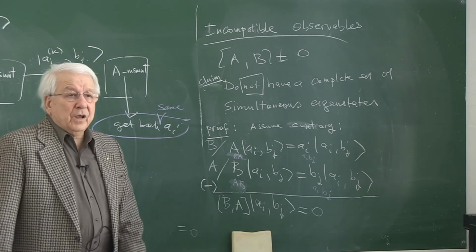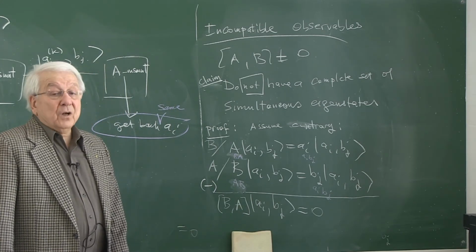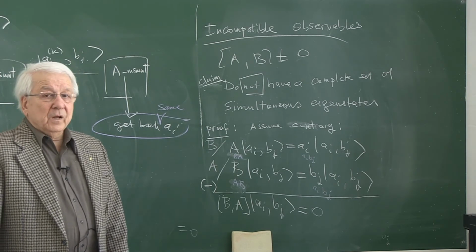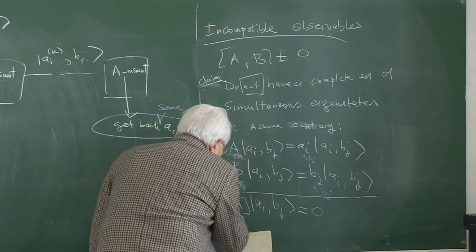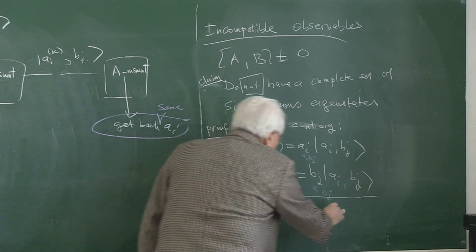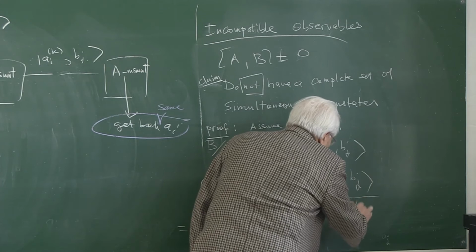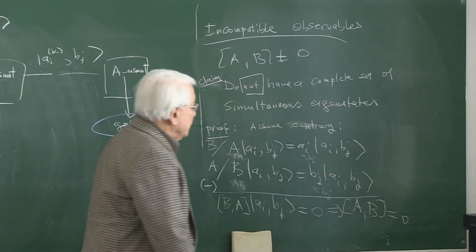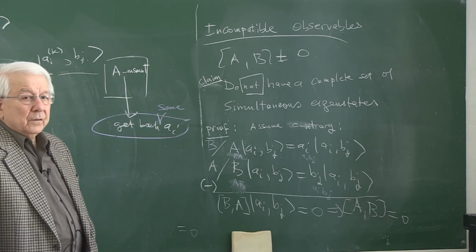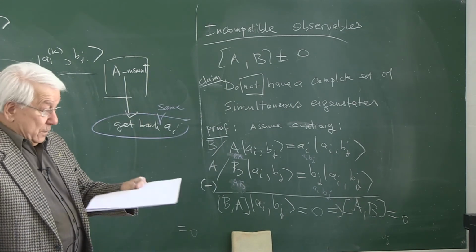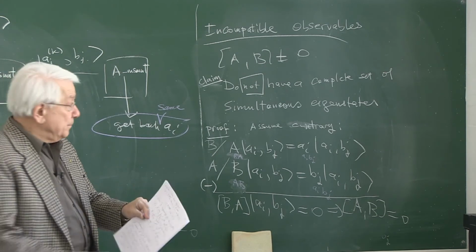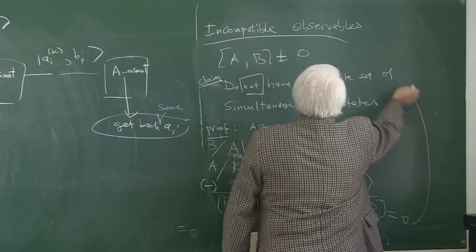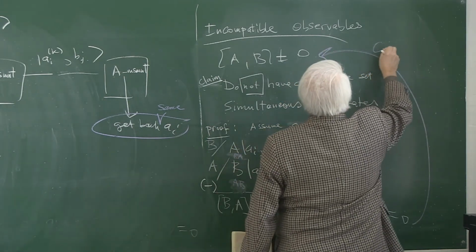If this AI, BJ assumed common eigenstate is an arbitrarily picked one from the spectrum, then if this is valid, when this commutator acting on that, it should be valid as an independent operator equality. You get the commutator of A and B is equal to 0. You get what? A contradiction, right? To the original incompatibility. Contradiction.